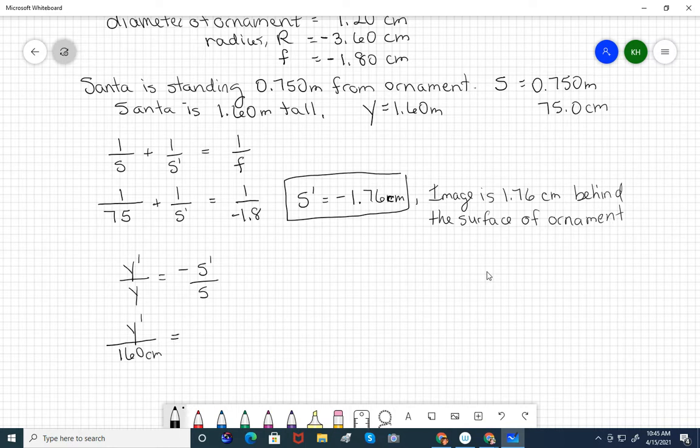The image distance is negative 1.76, so the negative of a negative is positive, and the object distance was 75. So he's going to come out to have a positive height. 160 times 1.76 divided by 75, and his image comes out to be 3.75 centimeters tall.